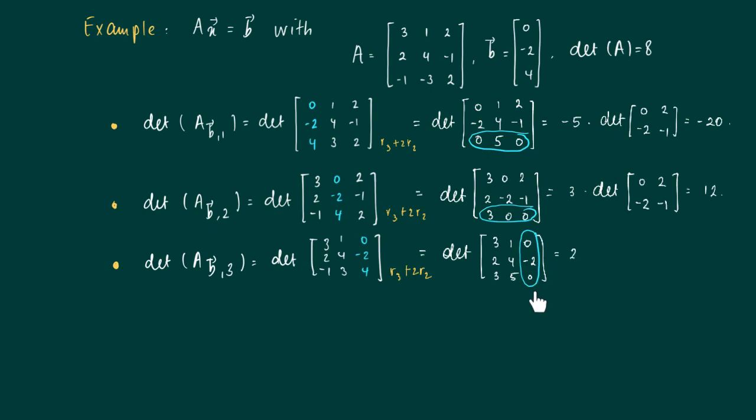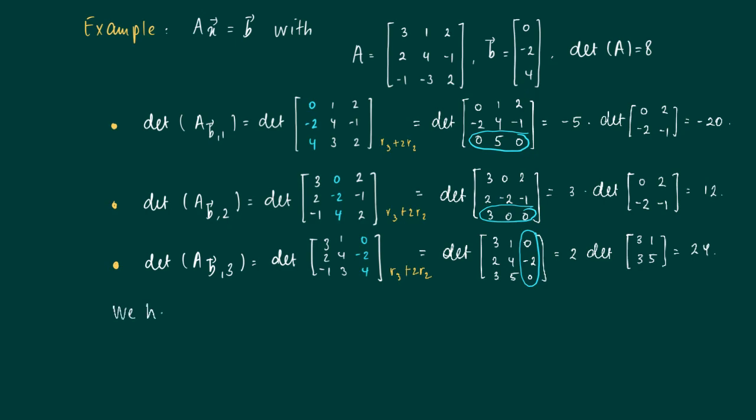So actually we may develop with respect to the last column. So we get 2 times, minus 2 times minus 1, times the determinant of (3, 1; 3, 5), which equals 24.